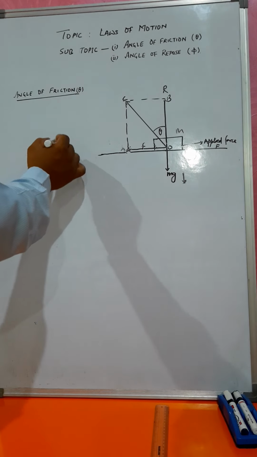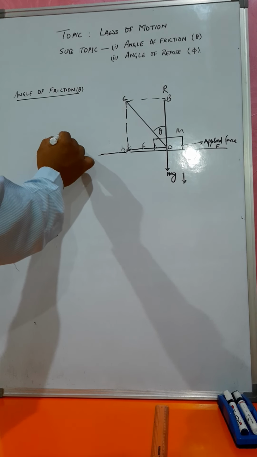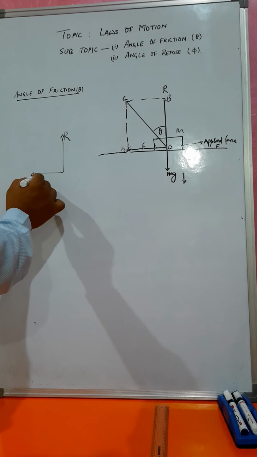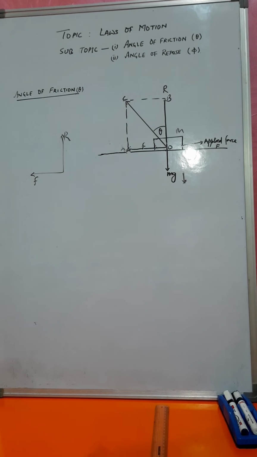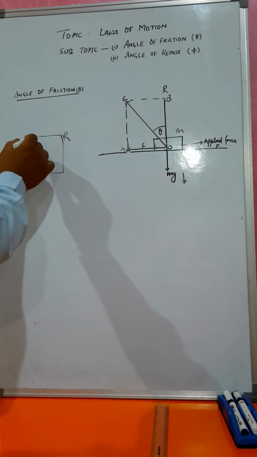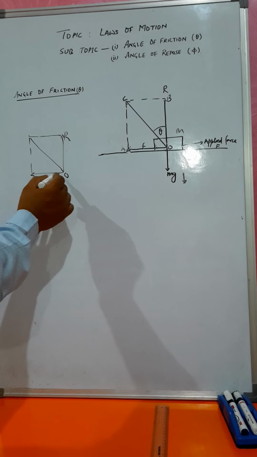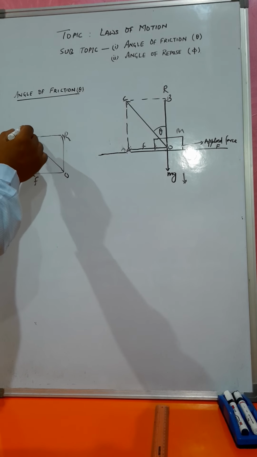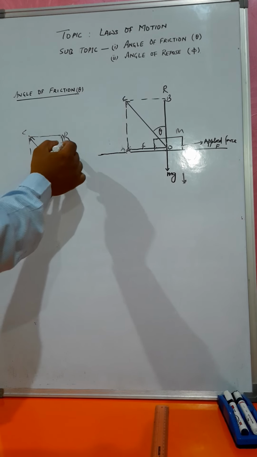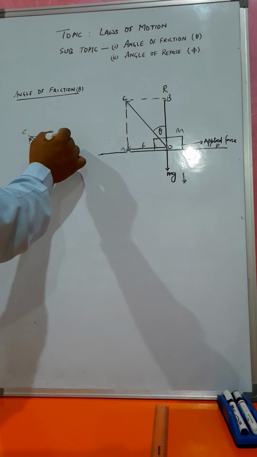Now if we have two vectors, one is normal reaction and another is force of friction, or the limiting friction, then we can have one resultant of this. Say this is O, then OC is the resultant of these two vectors, the limiting friction and the normal reaction.